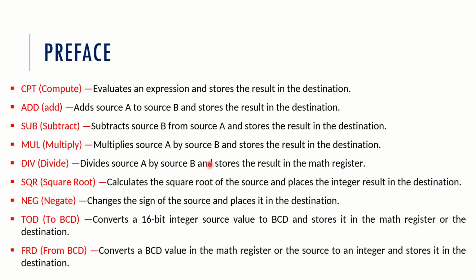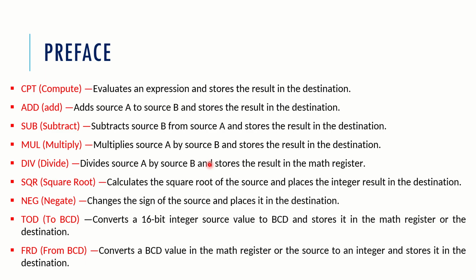So always remember that source A is the primary one, from which source B has to be subtracted. Source B divides the contents of source A. Whatever the contents of source B, they have to be added to the contents of source A. So you need to remember that way. That will be a bit easier for you because many times it comes into confusion for us.